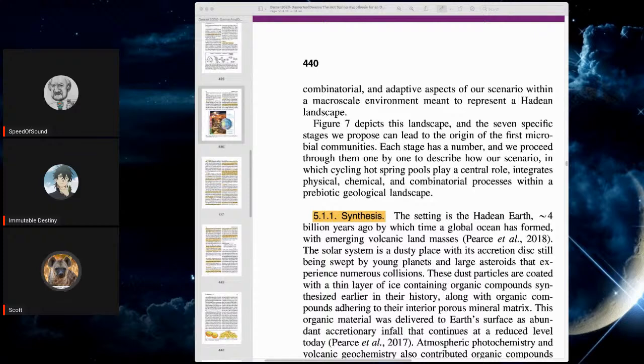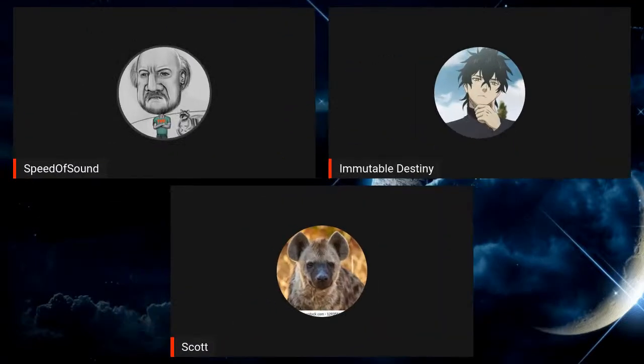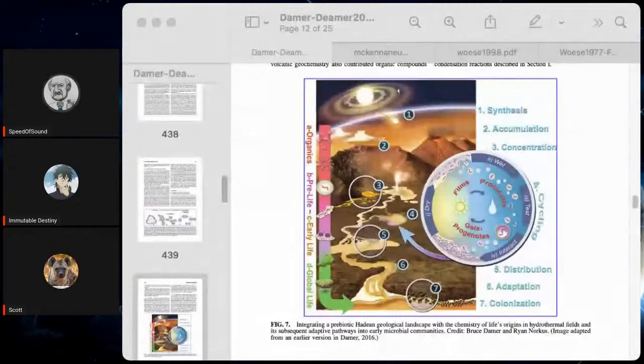So I wanted to do this first. Share screen. So this is figure 7. So we've got synthesis, number 1. That's the first section. And they go through each of these sections: accumulation, concentration, distribution, adaptation, and colonization.